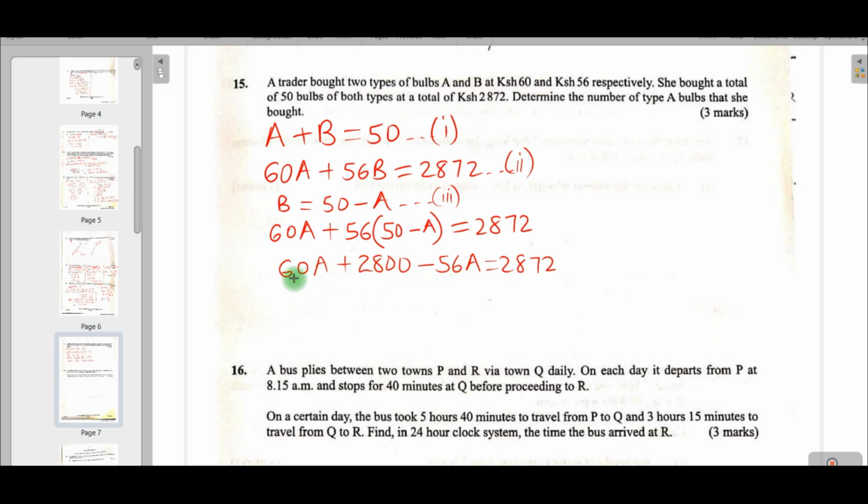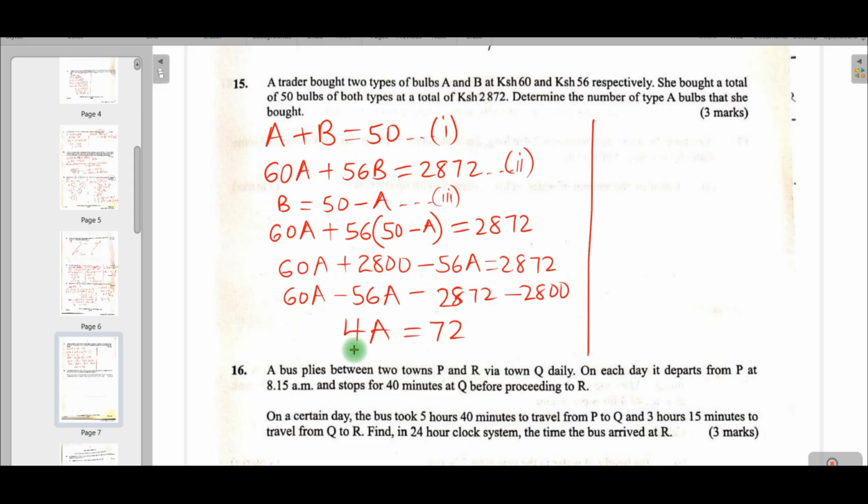So collect the like terms, 60A minus 56A will be equal to 2872 minus 2800. So 60A minus 56A, that is 4A, will be equal to 2872 minus 2800, that is 72.